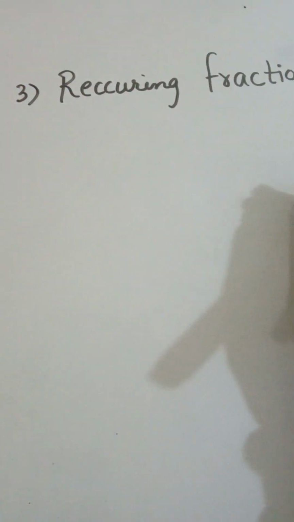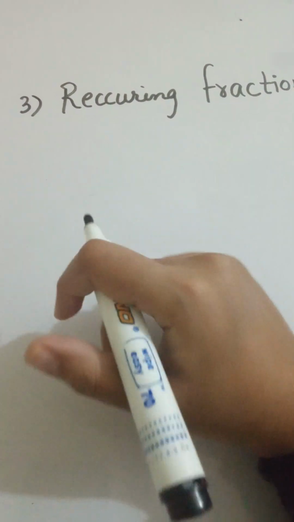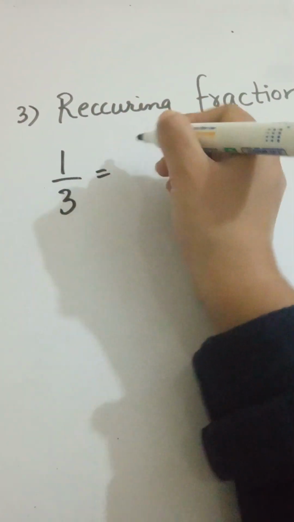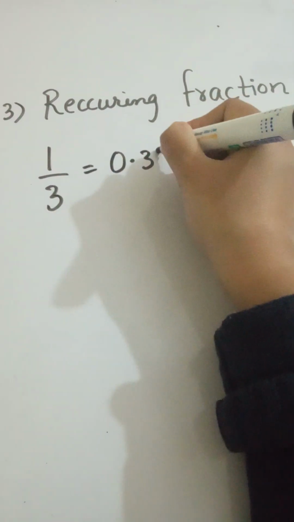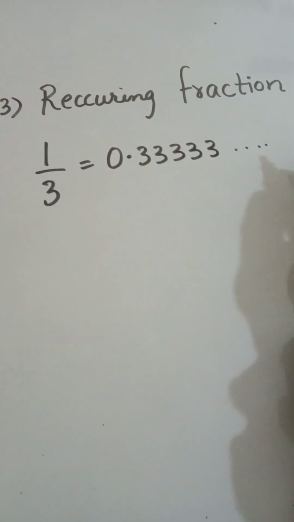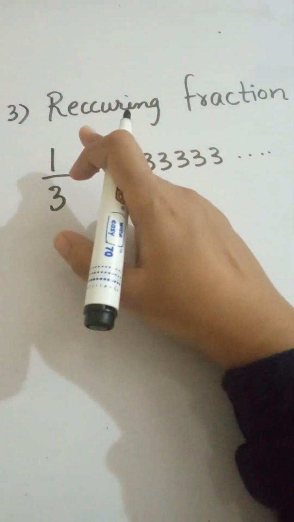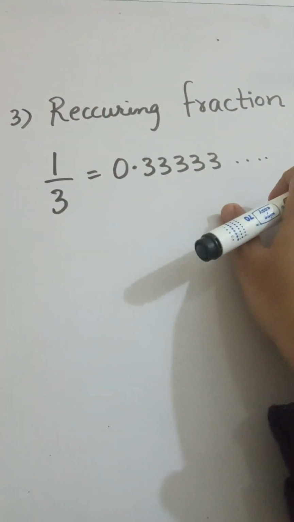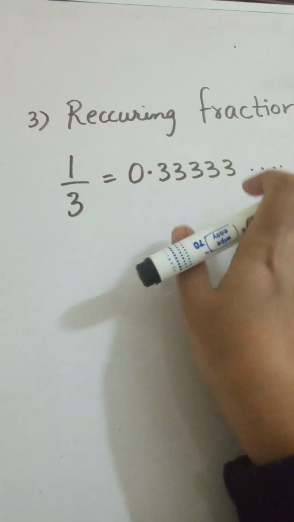That fraction is known as a recurring fraction. For example, 1 by 3. When I divide it, I get 0.33333. It's going on, it's not stopping, but there is a pattern in it.